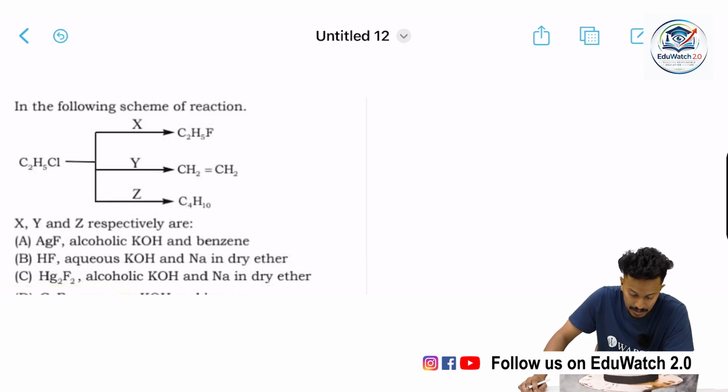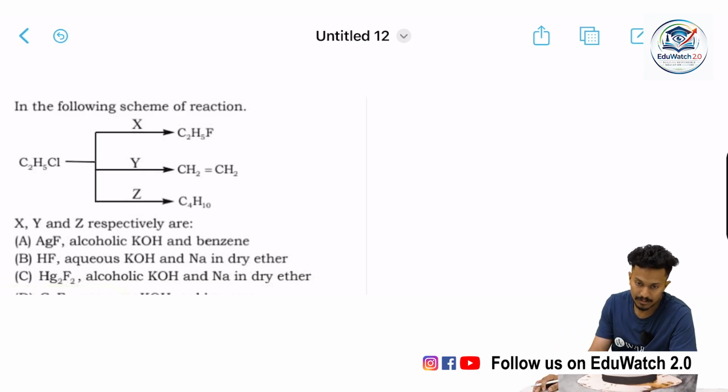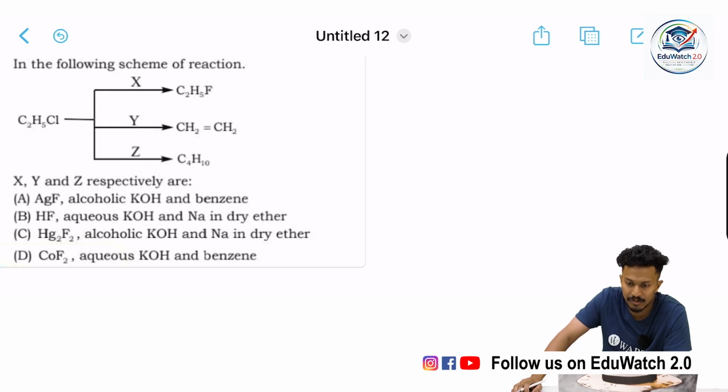We have ethyl chloride, which, when treated with X, Y, and Z, three different types of reagents, gives fluoroethane, ethene, and butane, right? So what would X, Y, and Z be? What could we explain with this?